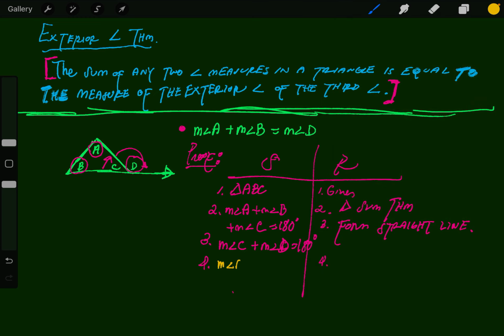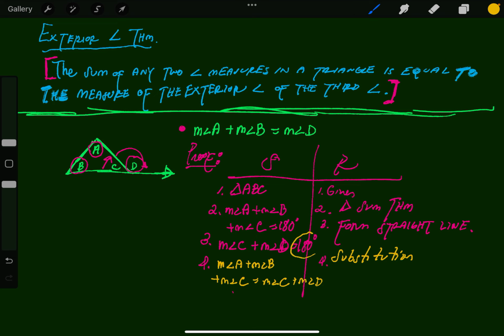So I'm going to write measure of A plus measure of B plus measure of C is equal to the measure of C plus the measure of D. And this is substitution. Instead of writing 180 here, I wrote this one. You could say it however you want. Because this is equal to 180, instead of writing that, I wrote the 180.